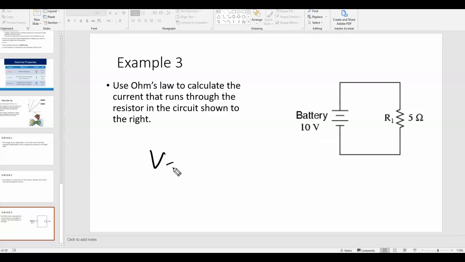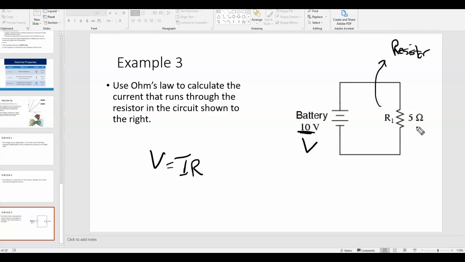Ohm's law, V equals I times R. I have the voltage of the battery, which is 10 volts. And I have the resistance of this thing here with the squiggles. This is the symbol for what's called a resistor. I talked about this before. You'll need to be able to recognize that symbol.